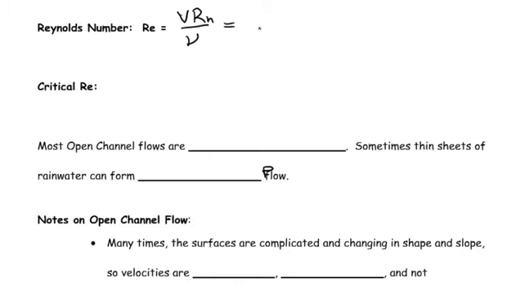Or if you want to write it in the longer way, rho V RH over mu. So there is a critical Reynolds number, just like there is for pipes, for open channel flow, and that is approximately 10 to the 5th. So 1 times 10 to the 5th is your critical Reynolds number, not 2300. Most open channel flows are actually fully rough, turbulent, very turbulent.